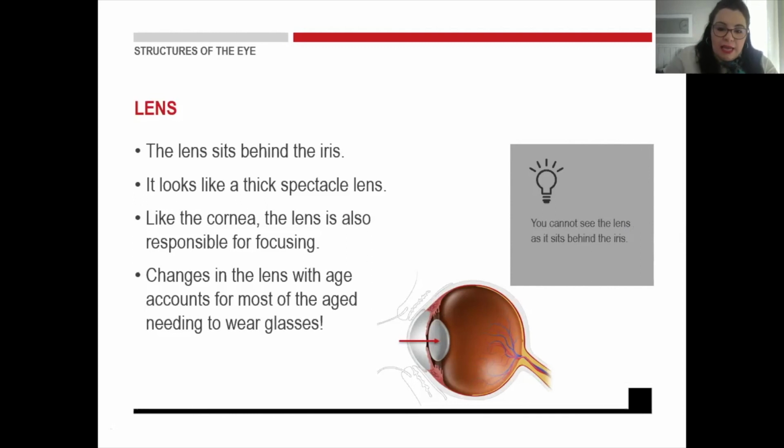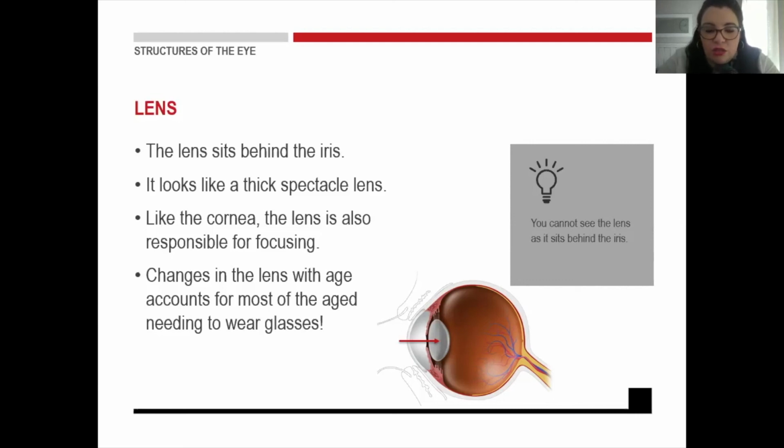Now, this lens inside of the eye has a lot of changes that it goes through as a patient gets older. It can be a bit opaque, like a cataract. That's going to be a cataract. So the patient cannot see through the lens very clearly anymore.